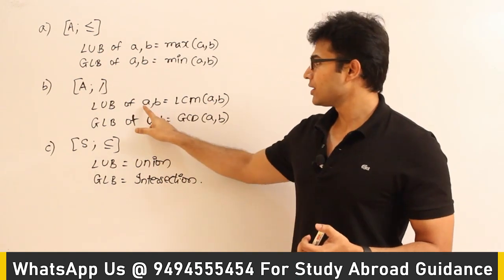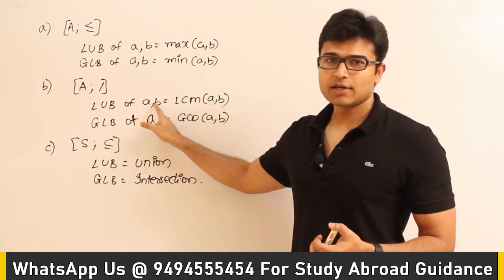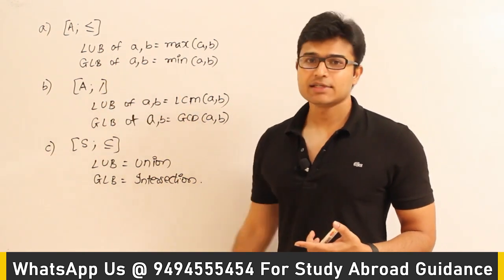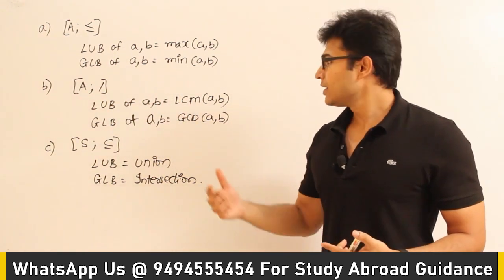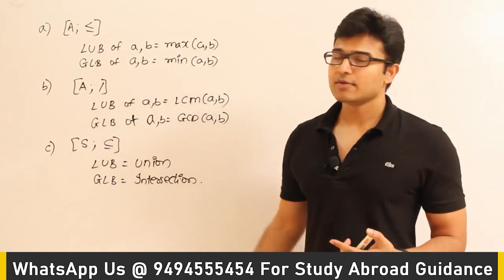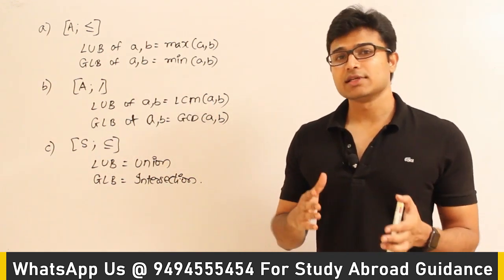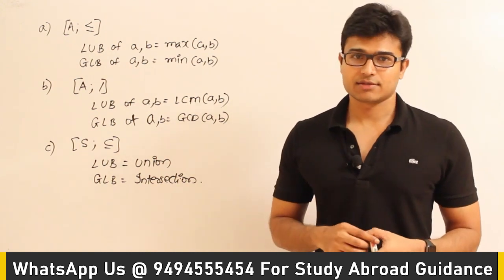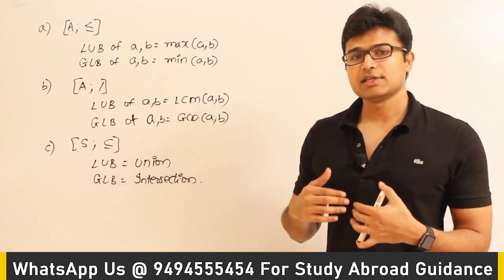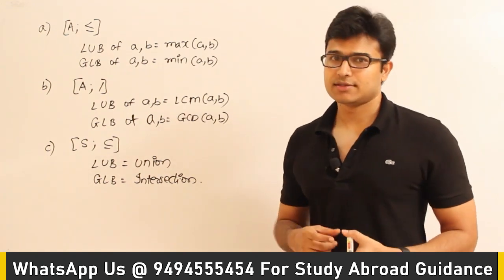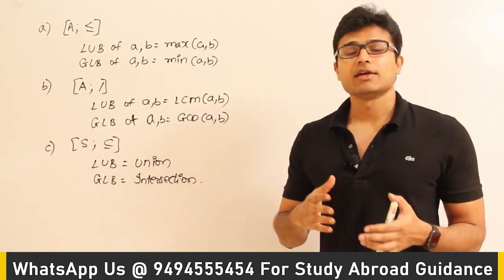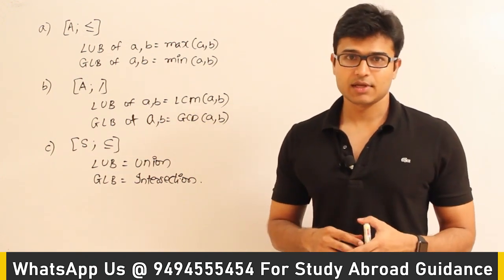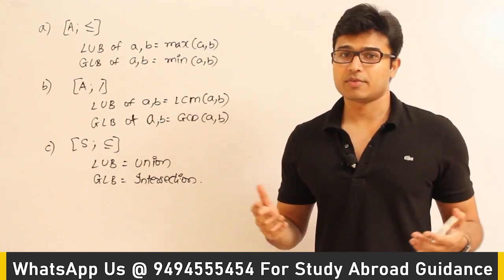You have found the LCM of two elements A and B, and it happened to be X. But if X is not present in A, then we cannot say that there is a least upper bound for these elements in this poset, because it is not in the poset. Therefore, you should say that the least upper bound doesn't exist. If it is present in A, then you should say that it exists. Sometimes it may be present and sometimes not. We shall see some examples where it is not present.